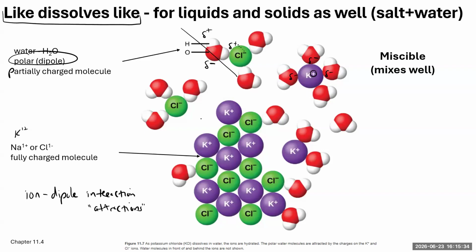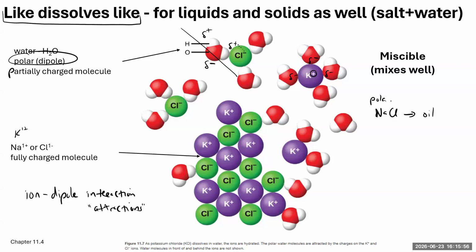Now, what happens if you have something like oil? If you try to dissolve something like sodium chloride in oil, it won't dissolve, right? Try it at home. Take a little cup of oil, throw some salt in there, and try to dissolve it. It will not dissolve because this is ions.